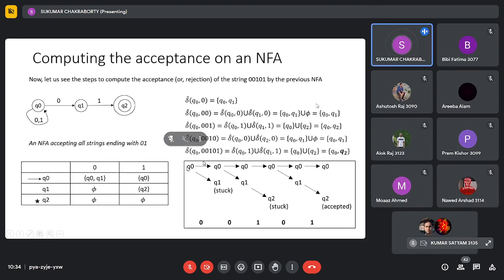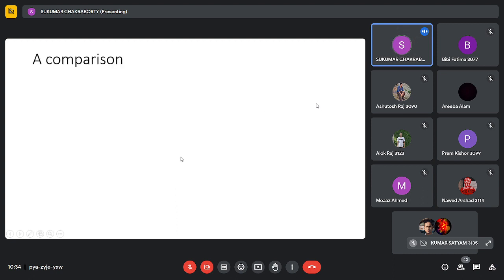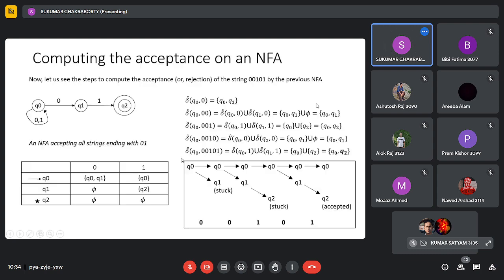Now, if I again see the picture that we discussed in the previous slide, you can find an analogy. After q0, you give 0, and your possible states are q0, q1. After 0, 0, it is q0, q1.